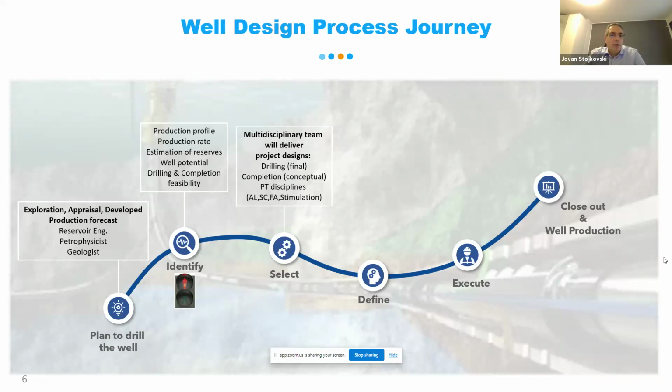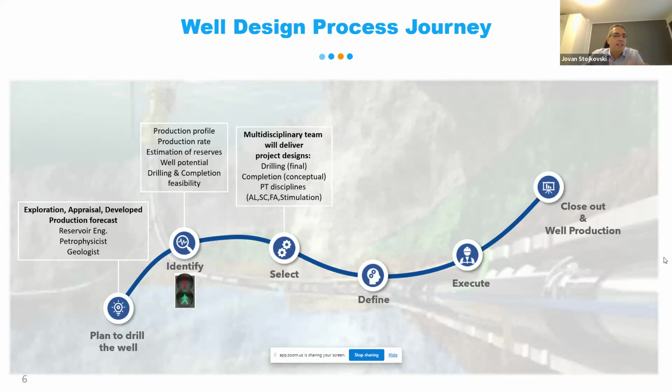In the multidisciplinary team, we have to deliver a final drilling program, and we need to come with the conceptual completion design. At that moment, we are all discussing together with production technology disciplines such as artificial lift, sand control, flow assurance, and stimulation. So we need all this information in order to come with some conceptual design, for which we need a technical and economical proposal together to deliver.